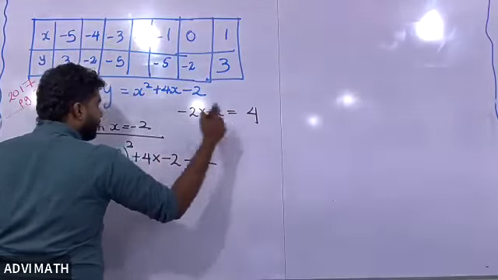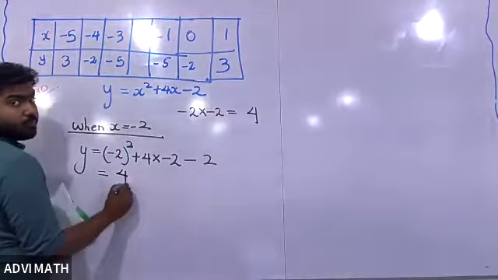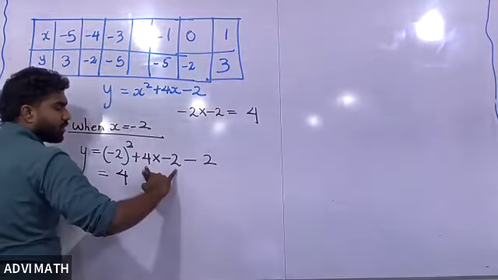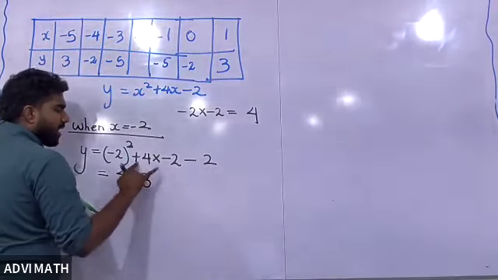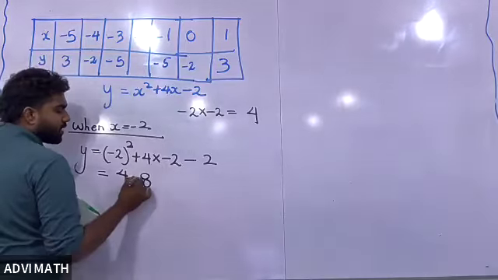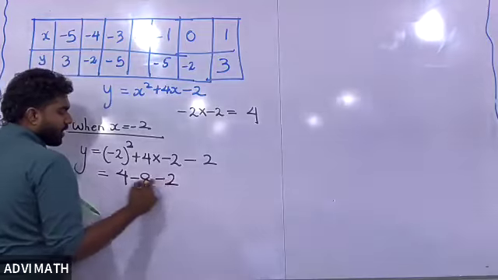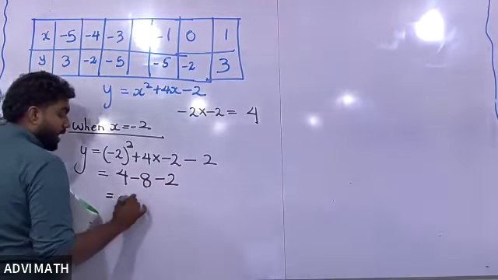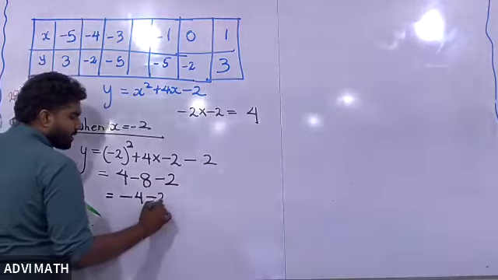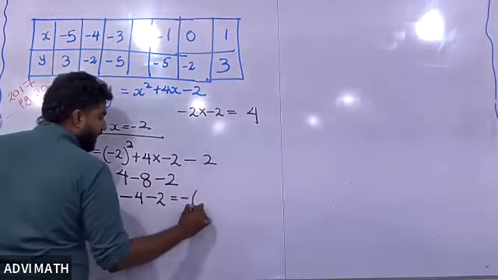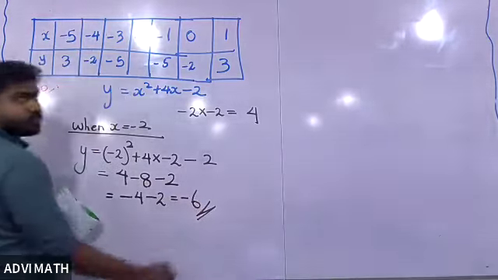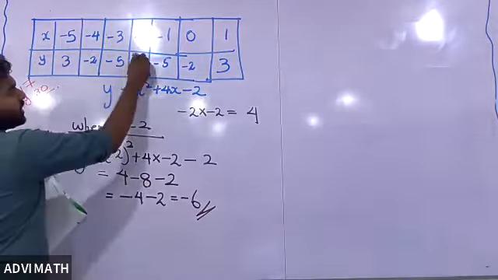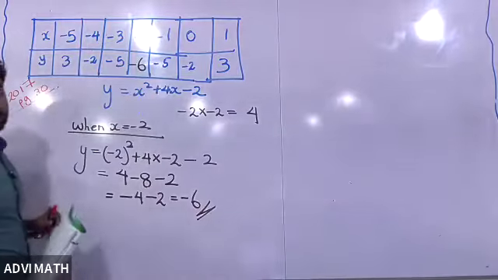Minus into minus is what? Plus. So what is the answer? Plus 4. 4 into 2? 8. Minus into plus? Minus. And then I have -2. 4 minus 8, -4. And -2. What is the answer? -6 is my answer. So here I'm writing -6.